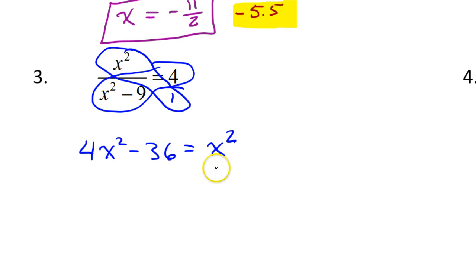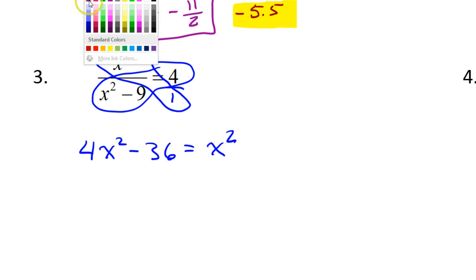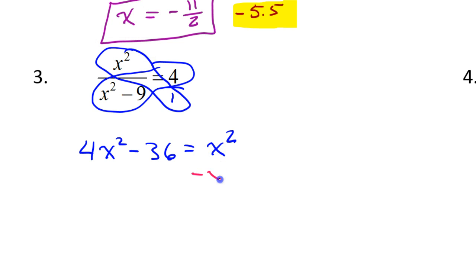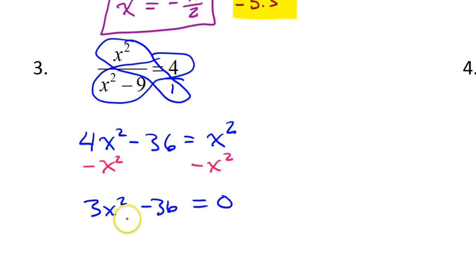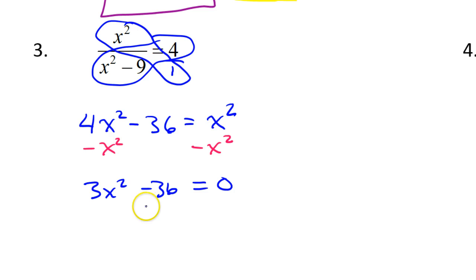Now, I can get 0 on one side by subtracting x squared from both sides. So that's just going to give me 3x squared minus 36 is equal to 0. Now, there are a couple different ways I could solve this. I could factor this, which I think I'll try first.